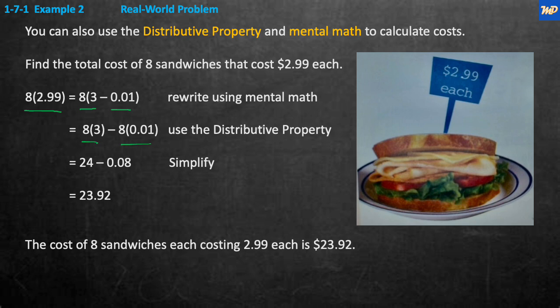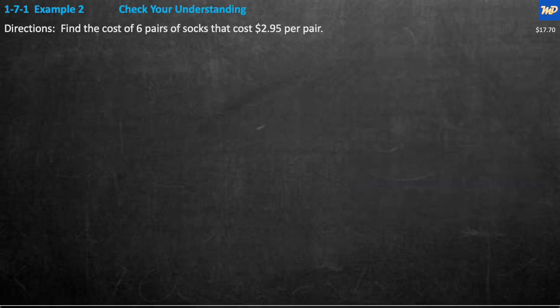That's using the distributive property. We've taken this and multiplied through, and that equals 24 minus 8 cents, 0.08. And then finally, that'll be $23.92. So the cost of 8 sandwiches costing $2.99 each is $23.92.